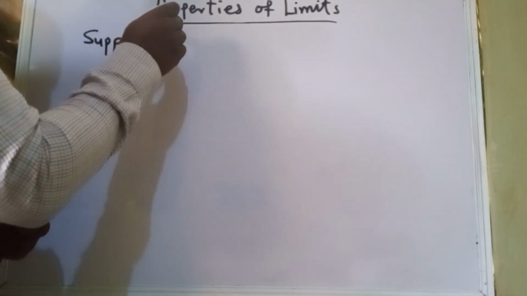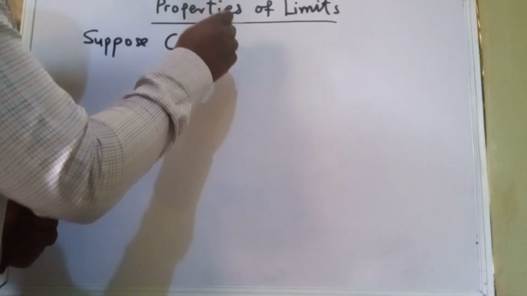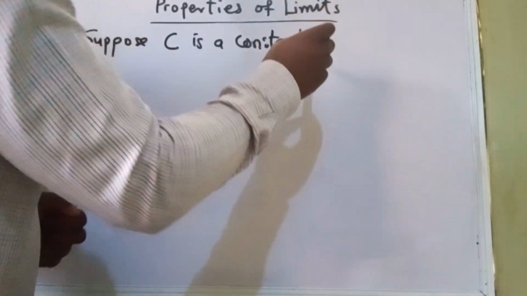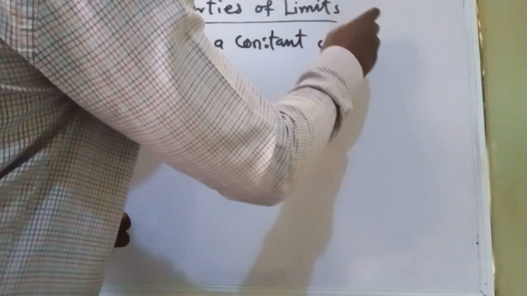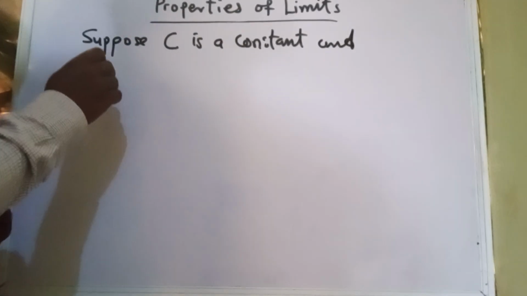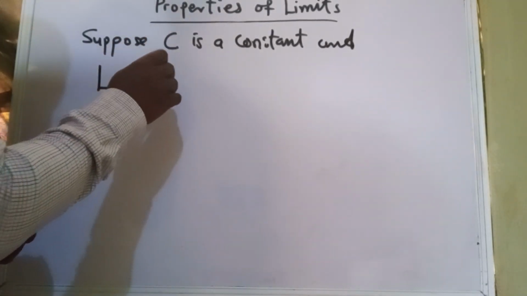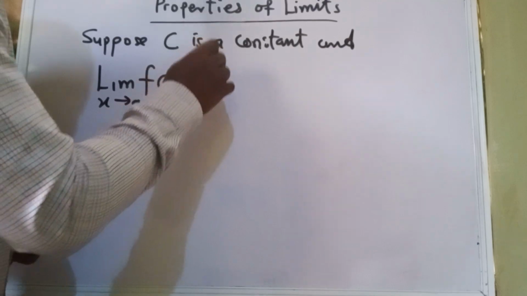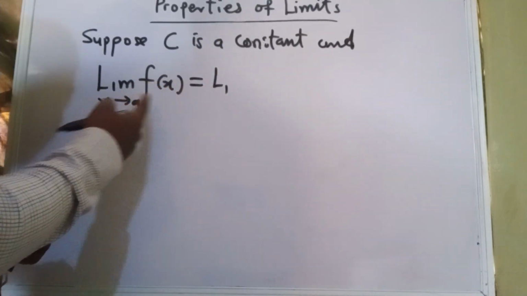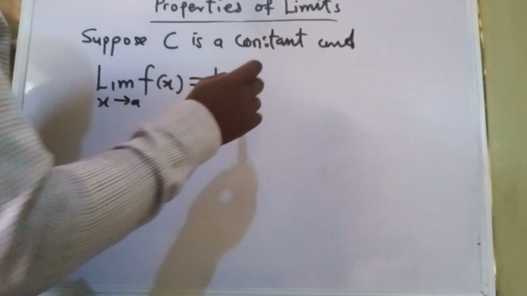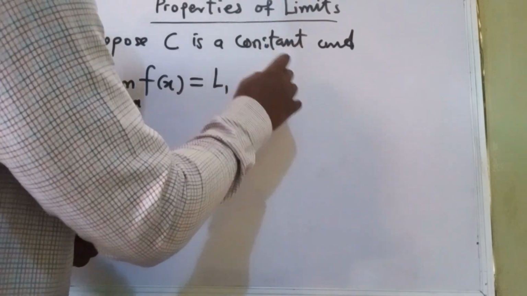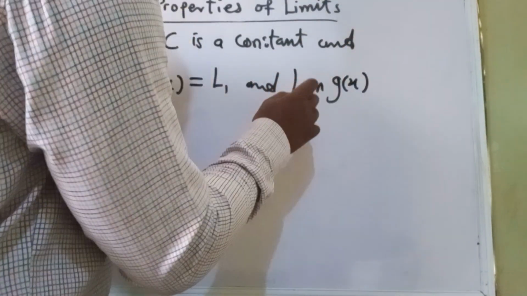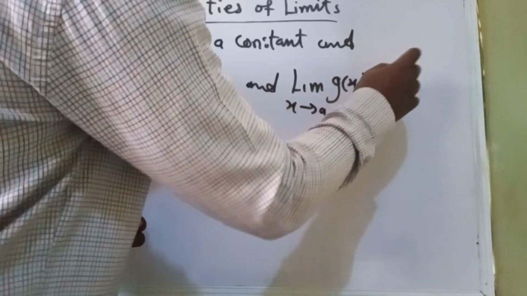Suppose C is a constant and the limit of this function f of x as x tends to a is L1, meaning the limit exists and it is L1. And the limit of another function g of x as x tends to a is L2.